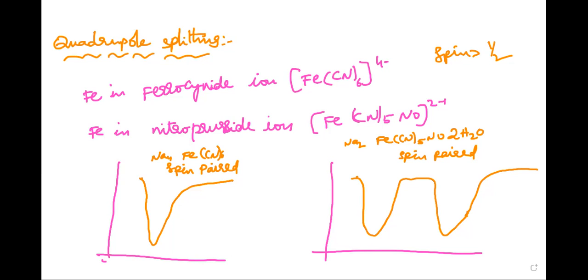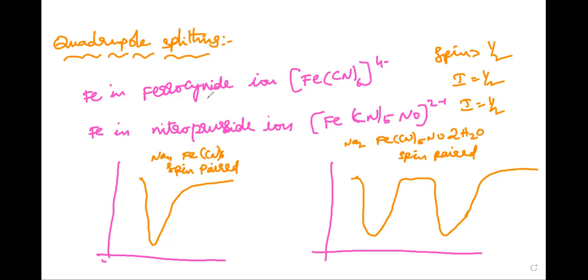A fairly general situation is for the excited state nucleus to have I equal to 3 by 2 and the ground state I equal to 1 by 2. This is found in iron Fe and tin Sn, such types of nuclei. That is quadrupole splitting.